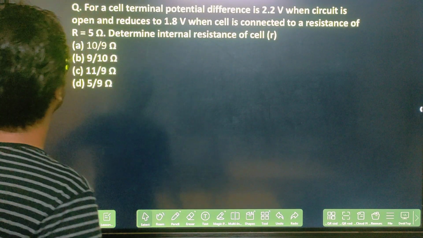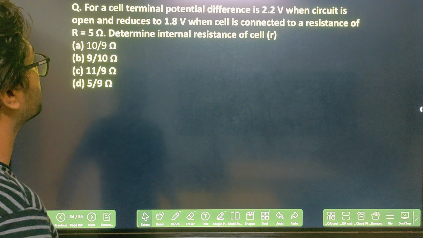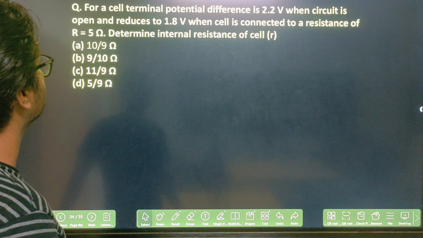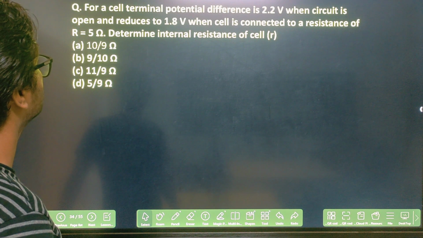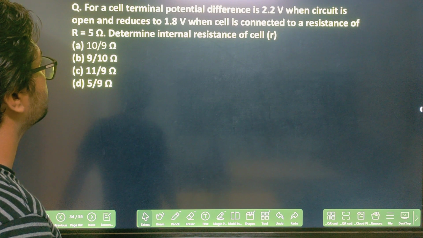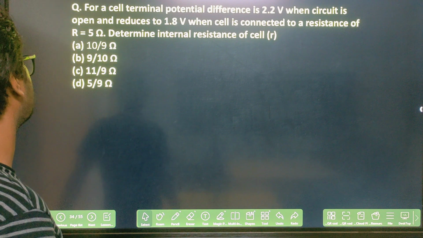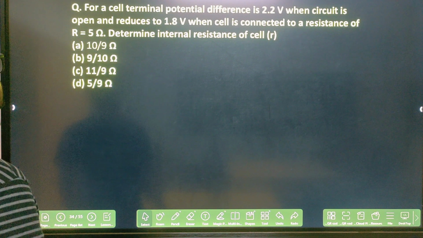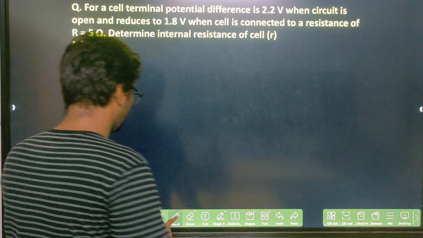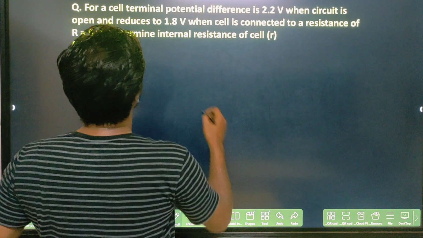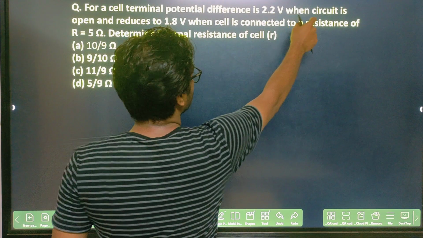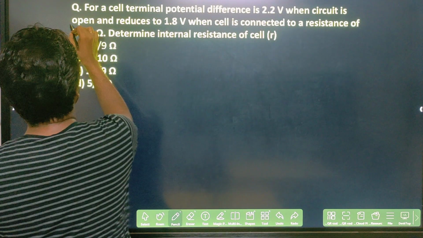Now see this problem. For a cell, the terminal potential difference is 2.2 volt when the circuit is open and reduces to 1.8 volt when the cell is connected to a resistance of 5 ohm. Determine the internal resistance of the cell. So see here, the terminal potential difference is 2.2 volt when the circuit is open.